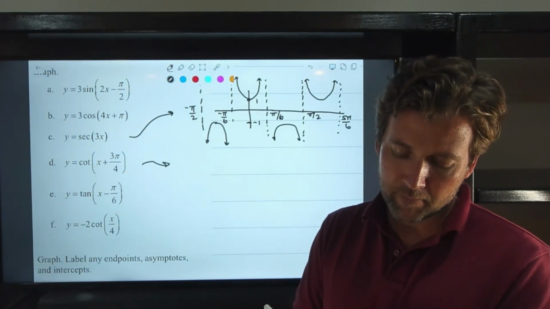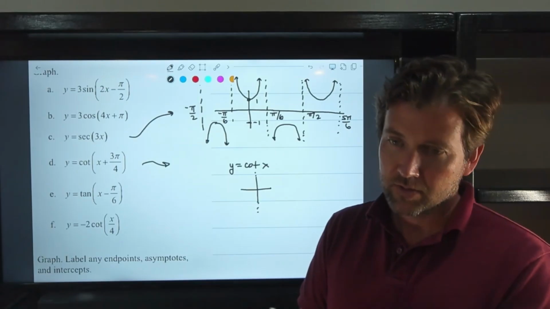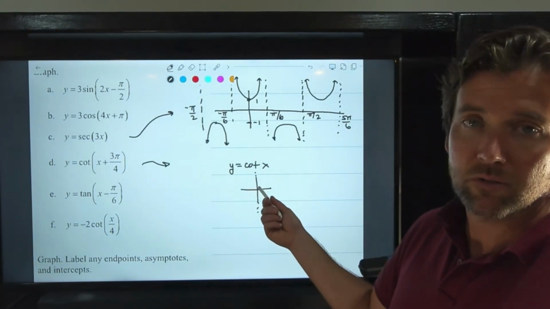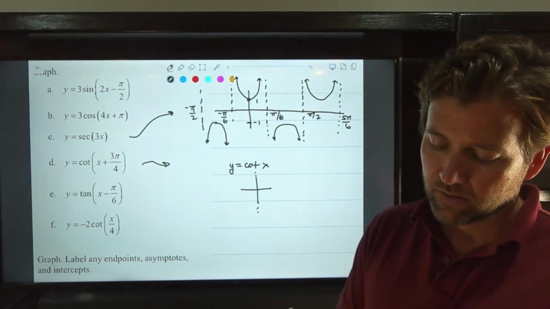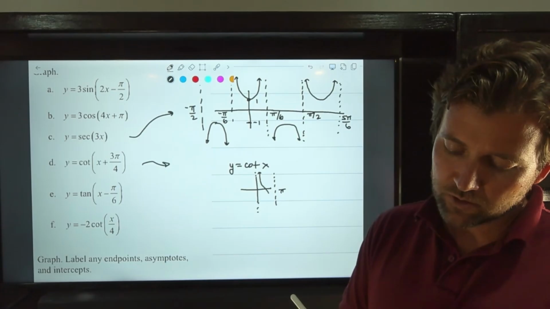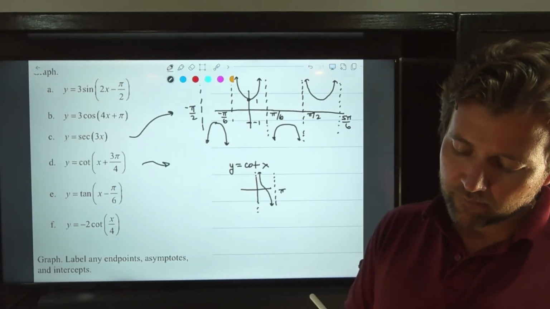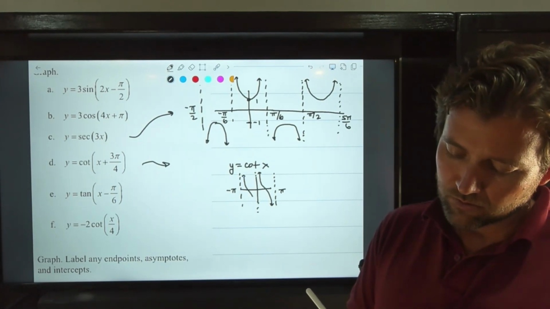Part D. Now the cotangent of x, here's the parent function. The tangent of 0 is 0, so the cotangent of 0 will be undefined. There'll be an asymptote right here. This is what the parent function looks like.